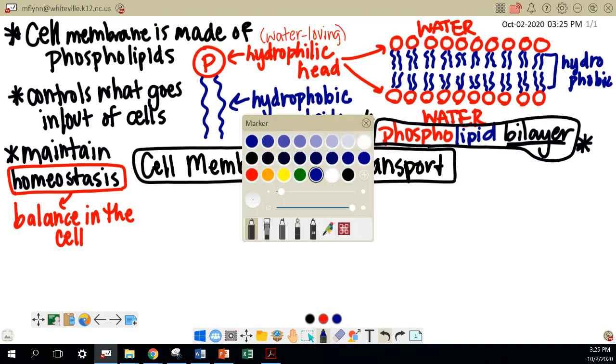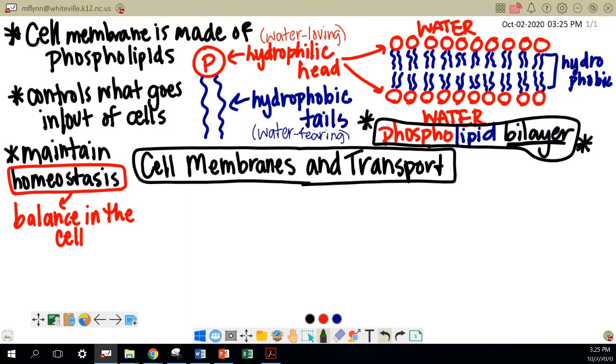All right. So those are the layers of the cell membrane. So when we're talking about the types of transport in the cells that can happen across that, there are two main categories for this. So we have two main categories. So the first category is passive transport.